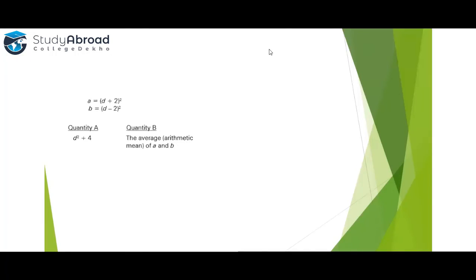Now there are some questions in which we can solve the question without trying numbers. For example, in the last-to-last question, we knew a concept and directly got to our correct answer: the average is equal to the median. Now here, in some questions you can directly do algebra and get to the answer.